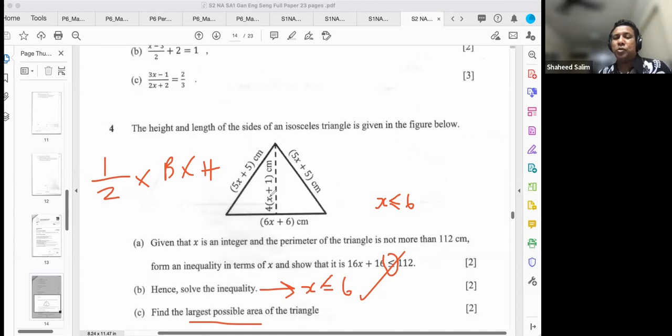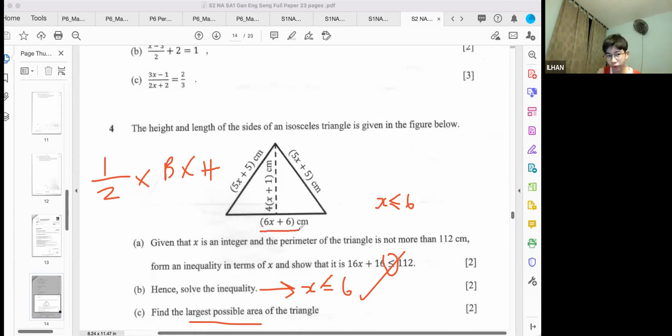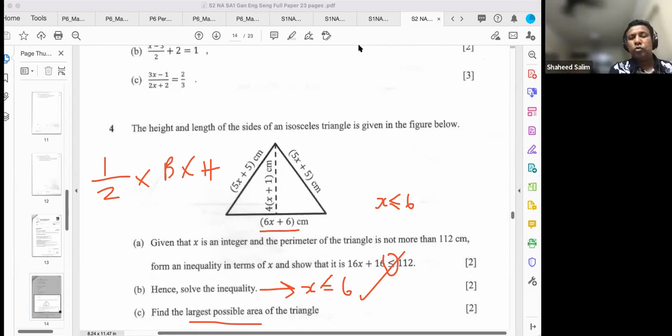Okay, good. So you substitute straight away. Half times 6 times... you must put the biggest value, 6, here. It was for x. 12? Too small. You take base and height now.